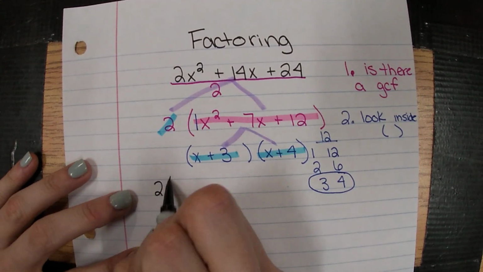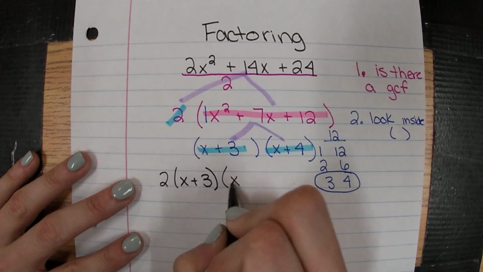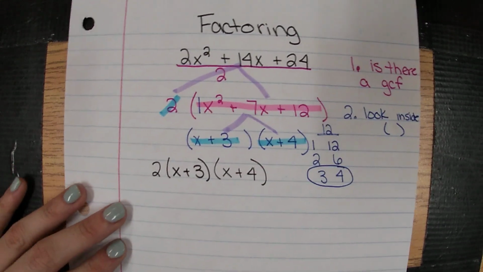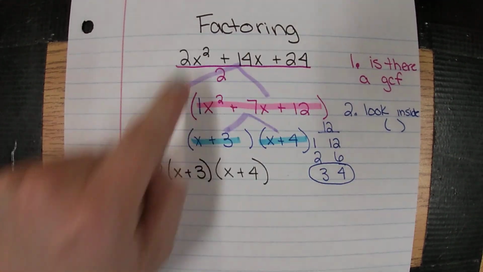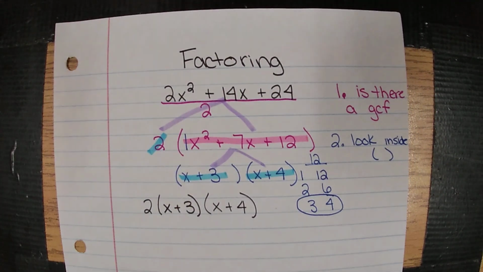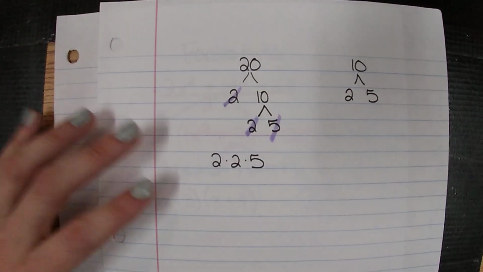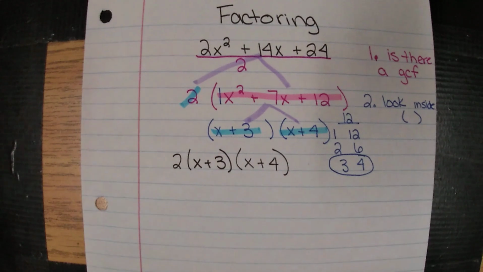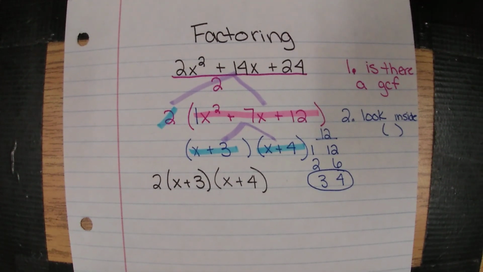So we'll have 2 times x plus 3 times x plus 4. And so we have 3 factors that make up this original problem, just like 20 would prime factor into 3 numbers. Here we have that same thing, it's just that we're dealing with polynomials.